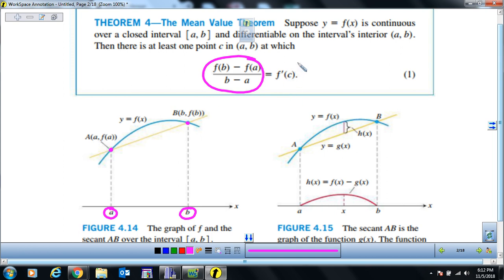And then the right side means that there has to be some value c in between these two, or some value x as you see it here in this picture, where if you just try to see how this x is connected on the actual function, then the derivative of this function at this number x or c, as they're calling it here, is going to be a tangent line.